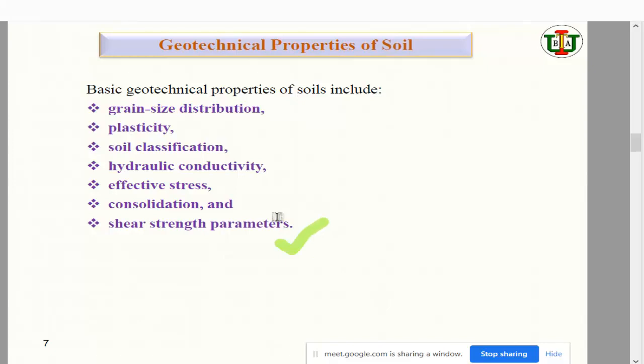So this information is needed to amplify your next learning: grain size distribution, plasticity, soil classification, hydraulic conductivity of soil, then effective stress considerations, and shear strength parameters. These are the things you need to review for a better understanding of the lectures.